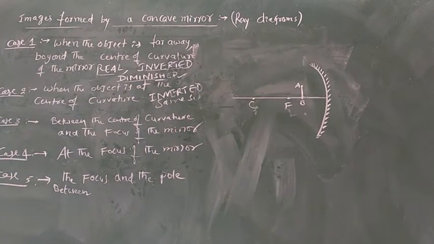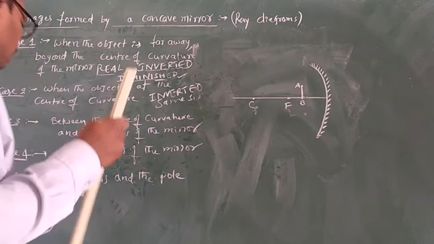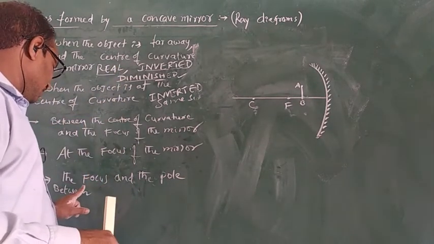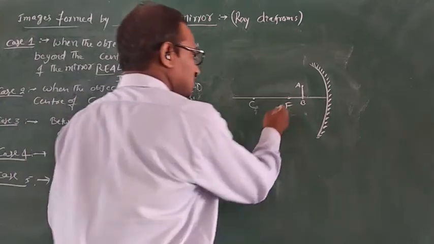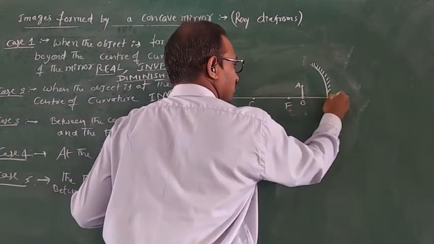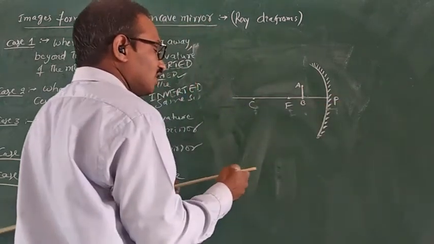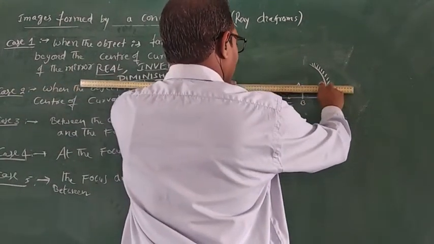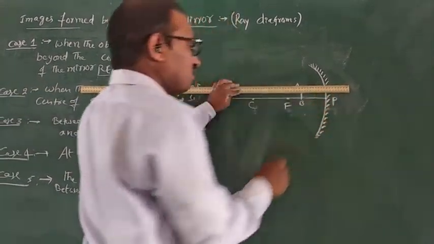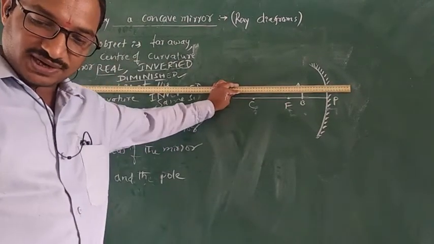Yes, children. Now the object is between the focus and the pole. This is the focus, this is the pole. If I keep the object between the focus and the pole, what type of image will we get? We'll see. Now I am applying the laws of reflection.